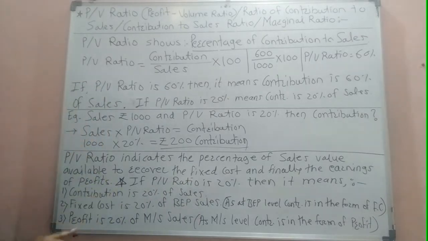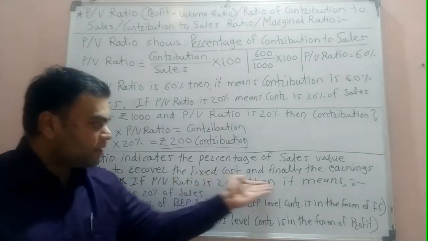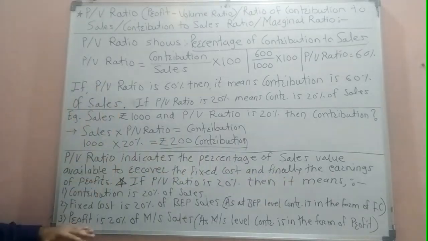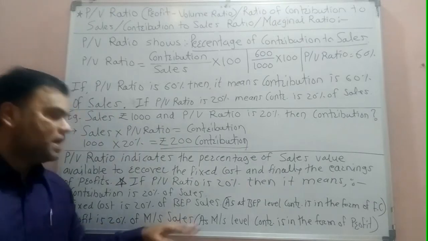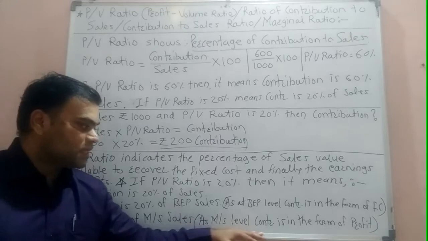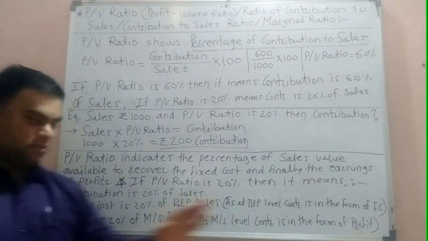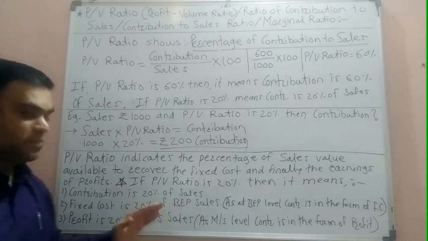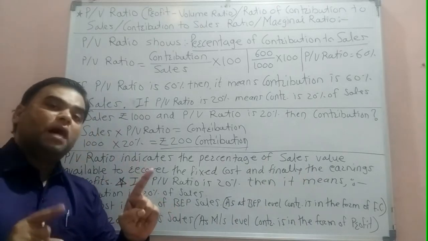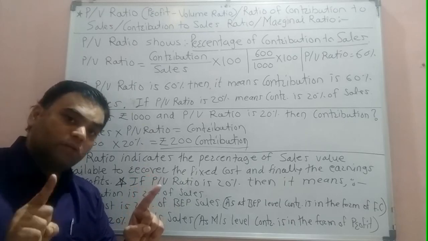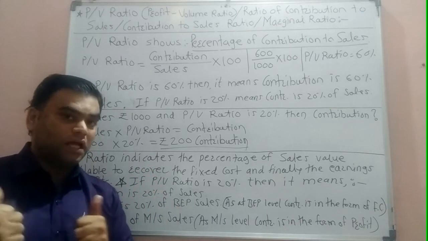In the same way, in the third case, if PV ratio or contribution to sales ratio is 20%, then it means profit is 20% of margin of safety sales, because at margin of safety sales level contribution is in the form of profit. The amount of contribution at margin of safety sales level, not total contribution, and the amount of total profit is always equal, as we discussed in the last lecture.